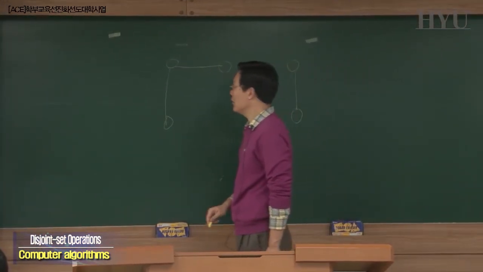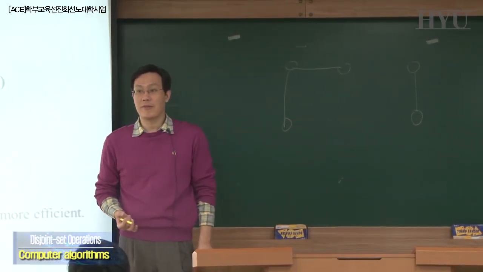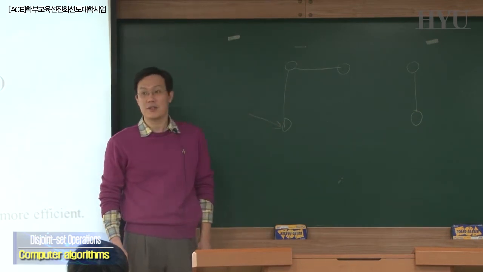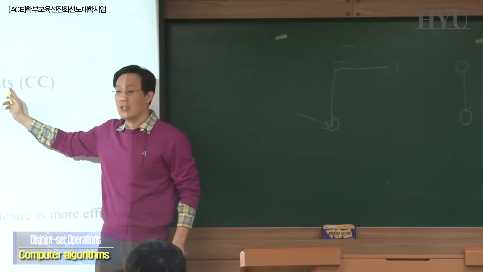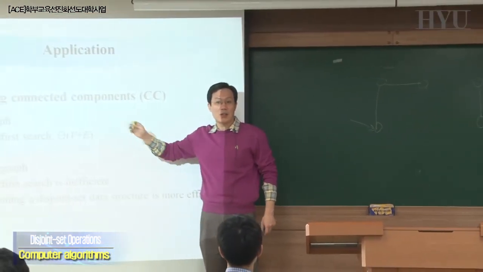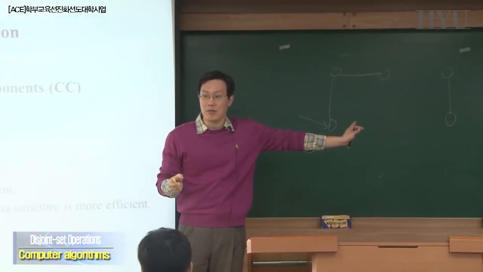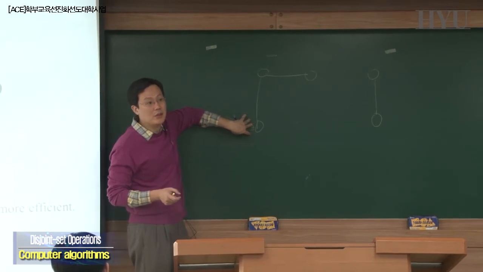First, we start the DFS by selecting an arbitrary vertex. Assume that this one is selected first. Connected components are defined on undirected graphs, so this is an undirected graph. We start the DFS from here.